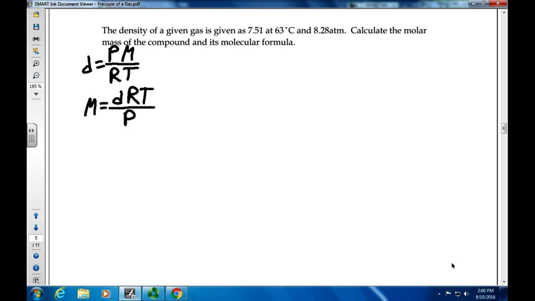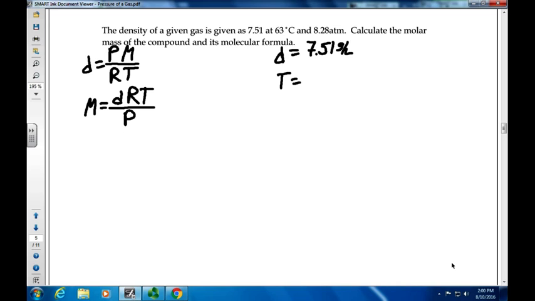The other thing that I do whenever I'm doing these problems is I list out all my given values. So the density is given as 7.51, and it's grams per liter. That's density.